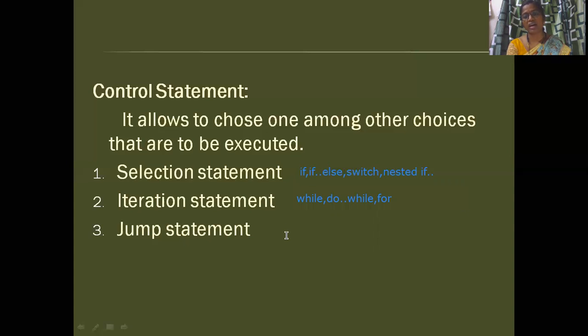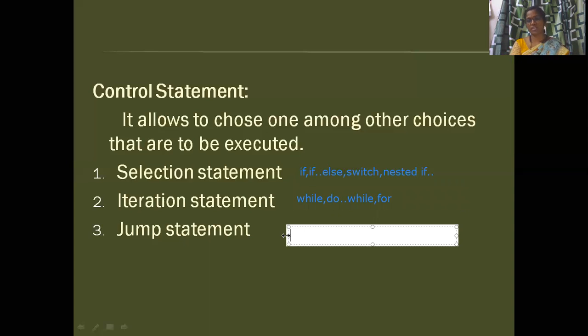Next, we have jumping statements. It jumps from one set of statements from one place to another place, like the labeled statements we have learned. According to the label, jump there.